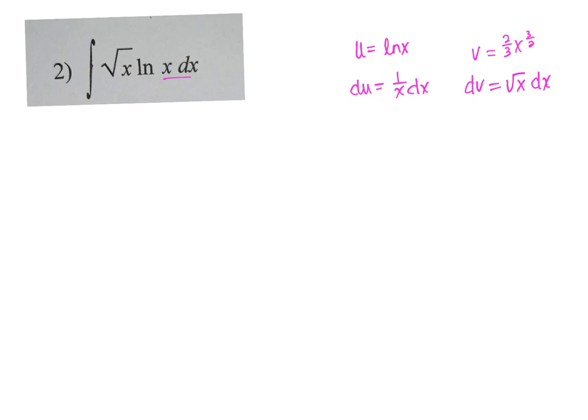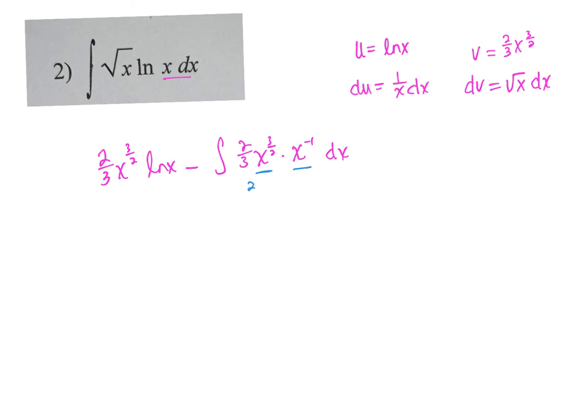So then I'm going to say 2/3 x to the 3/2 ln of x minus 2/3 x to the 3/2 times, you can write it as x to the negative 1 dx, right? And these also simplify here. Just add them, right? 3/2 and negative 2/2 is x to the 1/2.